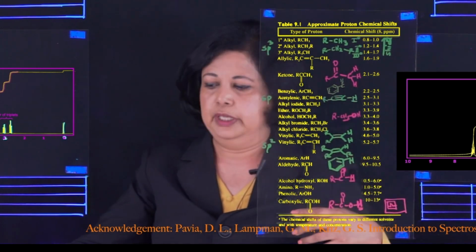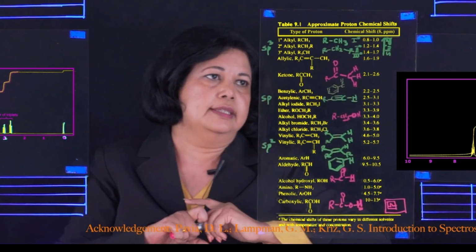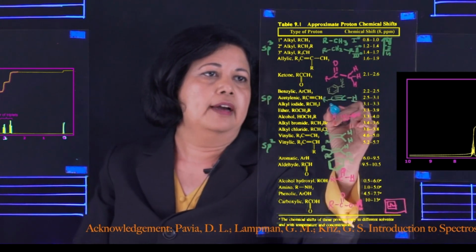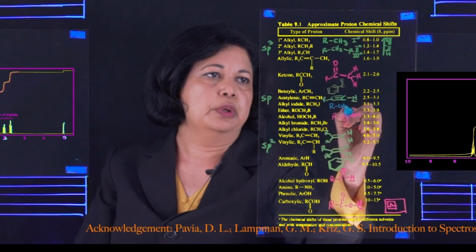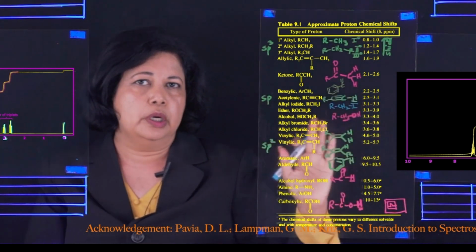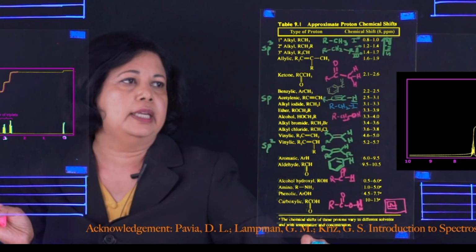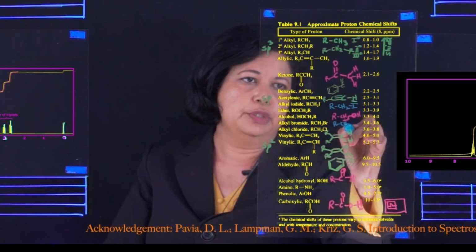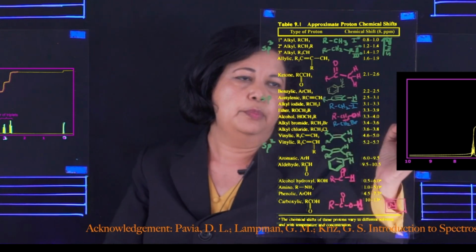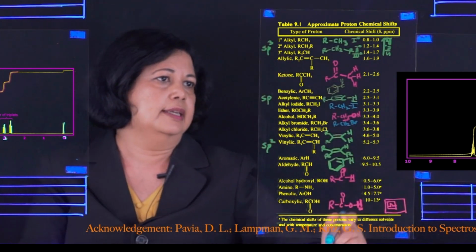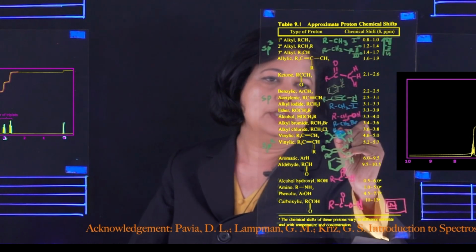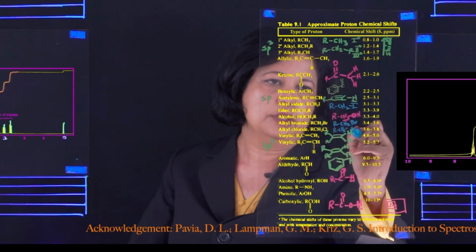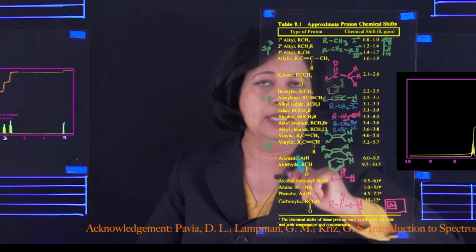You can have other things too. For example, halogens. If you have, let's say, RCH2I, that's 3.1 to 3.3, typically above 3, and below 4, typically for halogens. CH2Br is 3.4 to 3.6, and then it gets higher when you get more electronegative, and chlorine's more electronegative than bromine, bromine's more electronegative than iodine.